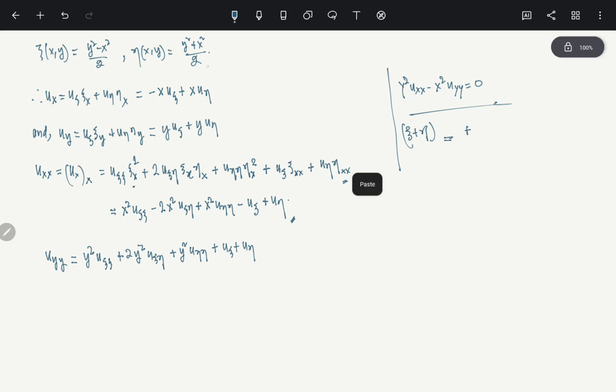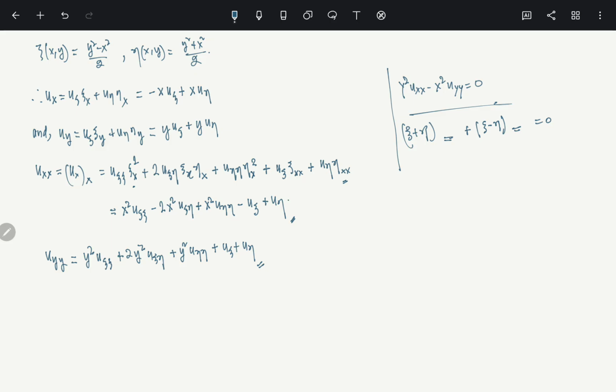If you put this together, it is xi minus eta, right? Minus x square, and then uyy equals 0. Uyy is this form. Is it okay? Yes. So if you put everything together, you can see that this u xi, u eta eta, all of this is going to get cancelled, right?